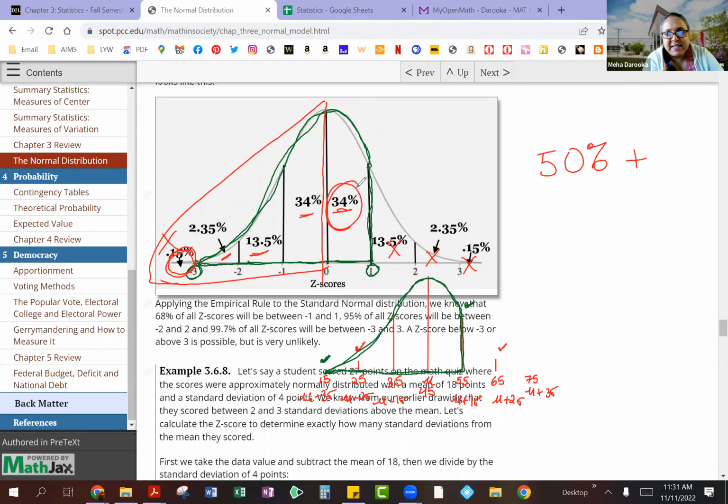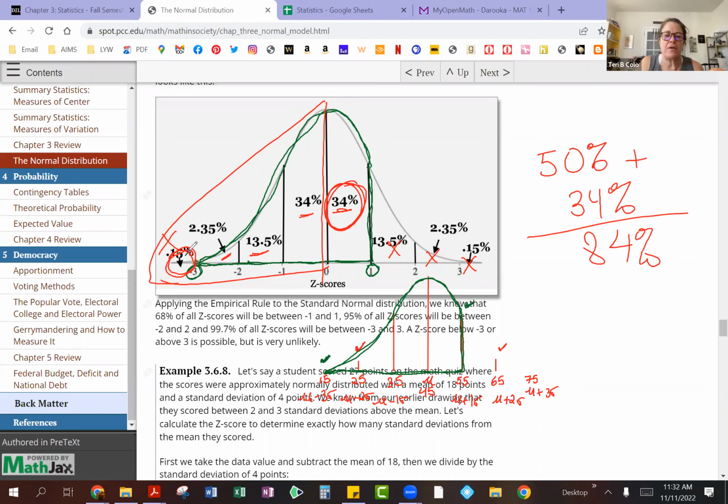And then I have this little section here, which would be 34%. Well, together that adds up to 84%. And I'm guessing, Terry, that's kind of what your initial thought was? Maybe? Okay. However, like I said, all of the parts together, and then oh, you added them. Okay, it included the 0.15. Okay, got it.